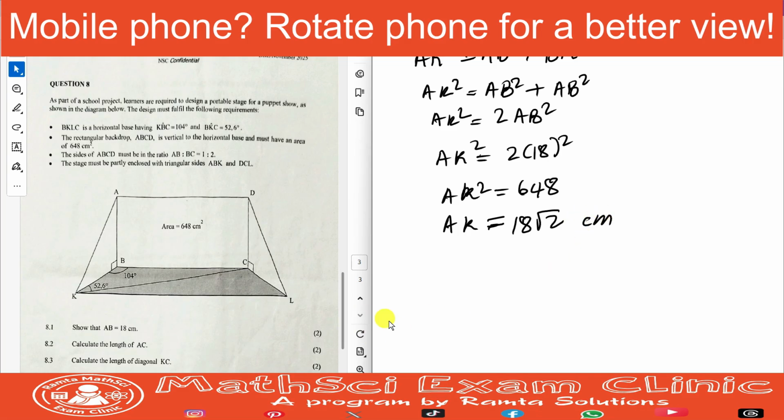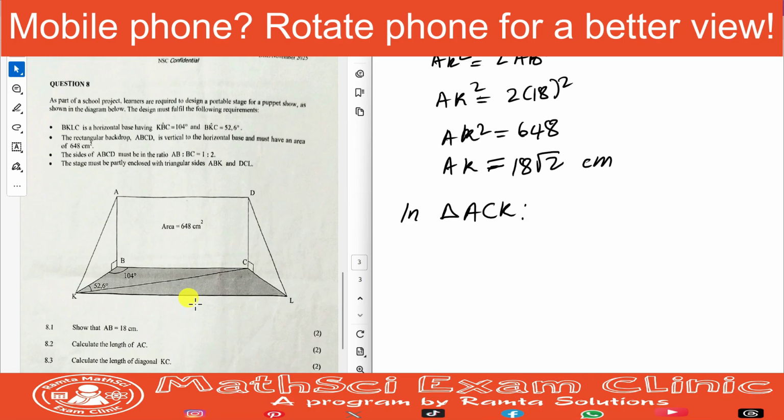Now, we go to triangle ACK. It's this one here. Here we will use cosine rule. Let me show you.